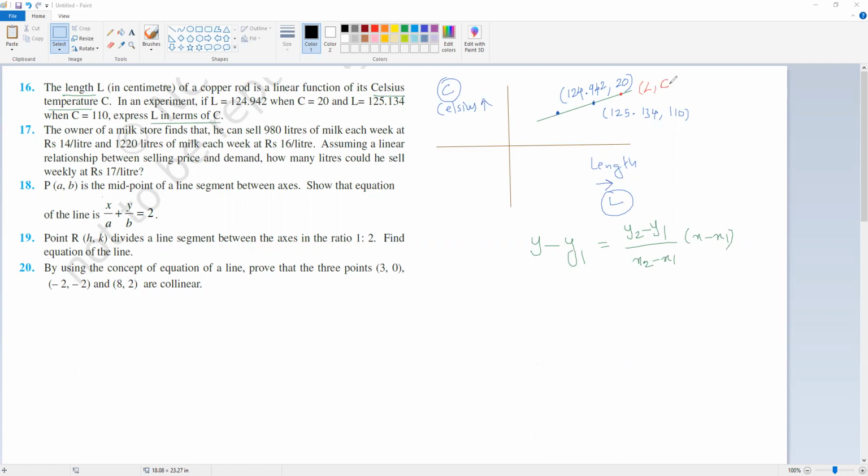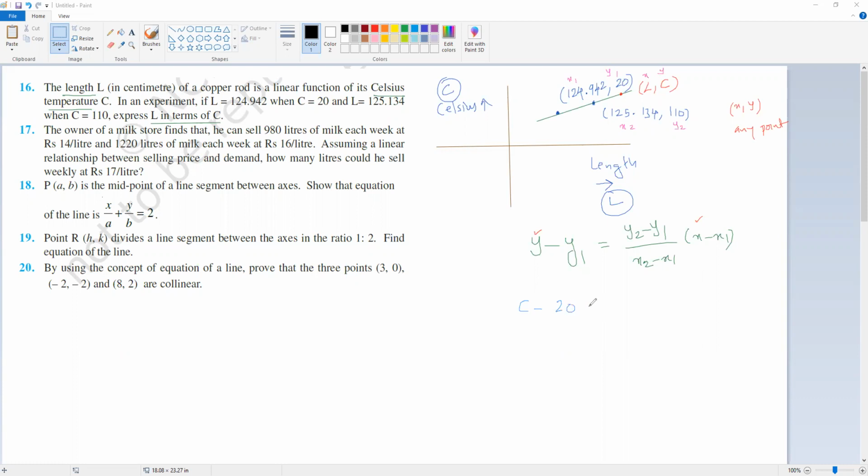That point is L comma C. Normally x comma y is any point, but here any point will be L comma C. So take any one point as x1 y1, and this is x2 y2. So y minus y1, where y is C, minus y1.